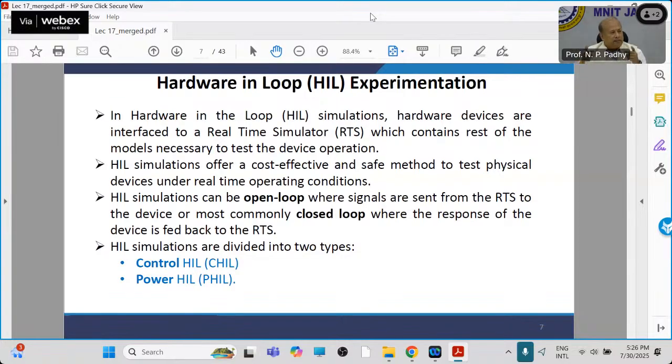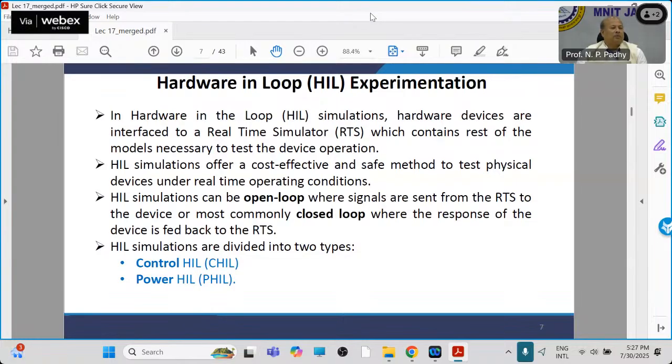Hardware devices are interfaced to a real-time simulator, or my hardware setup could be the rack that you have seen, a DC microgrid. So the DC microgrid is my physical device, and the MNIT Jaipur or IIT Roorkee distribution system, the electrical engineering department bus, becomes software planted within the simulator, and the DC microgrid is physically present, containing the rest of the model necessary to test the device operation.